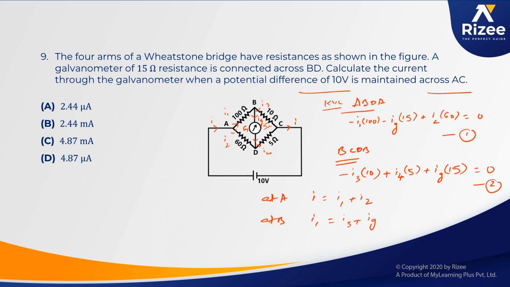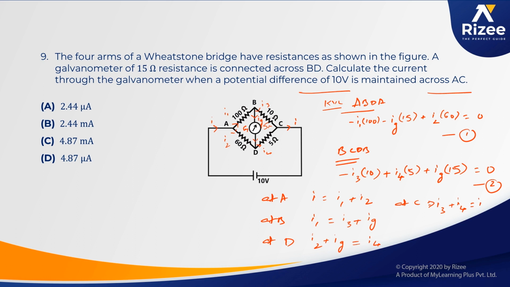Next, at junction D, I2 plus Ig are combining to form I4. Apart from that, at C, I3 plus I4 are combining to form I.